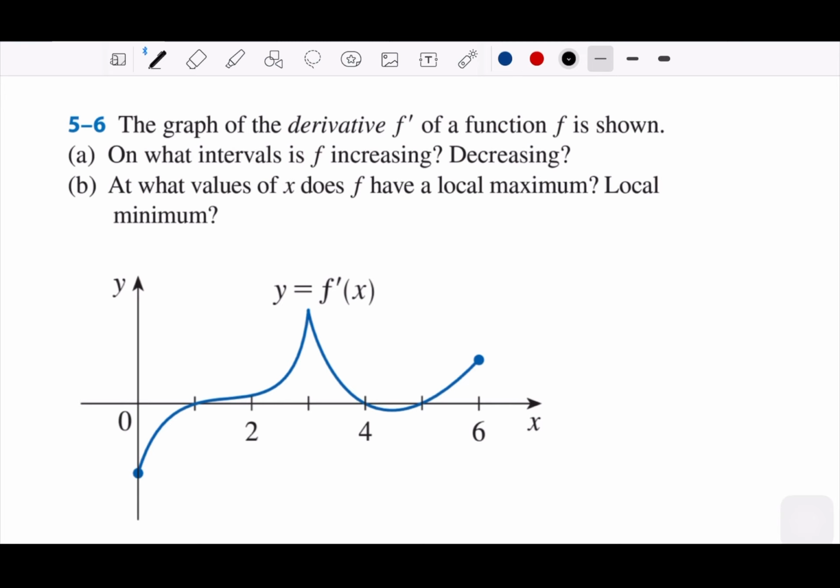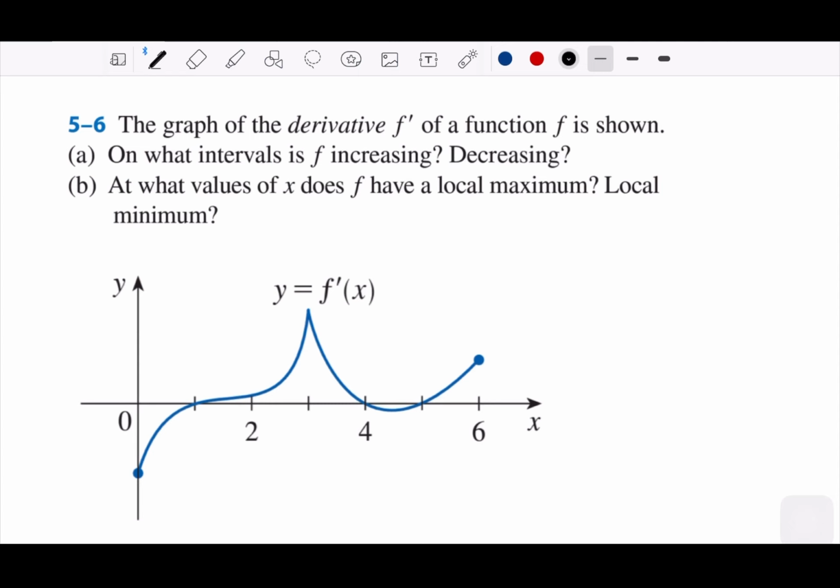Usually, if you observe chapter 4.3, that is about how we can observe or analyze the curve or the graph. And sometimes the graph is not the function. Maybe it's the derivative or maybe it's the second derivative. Like for example, this one is the first derivative.